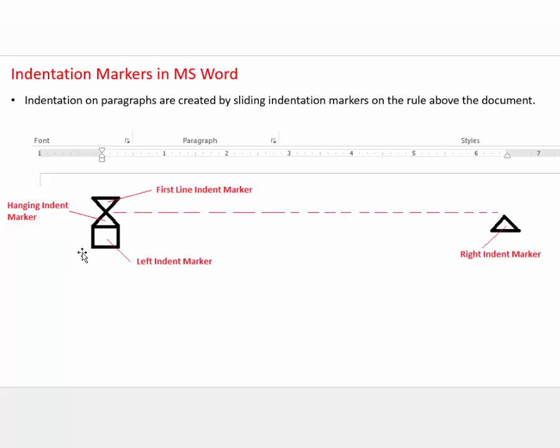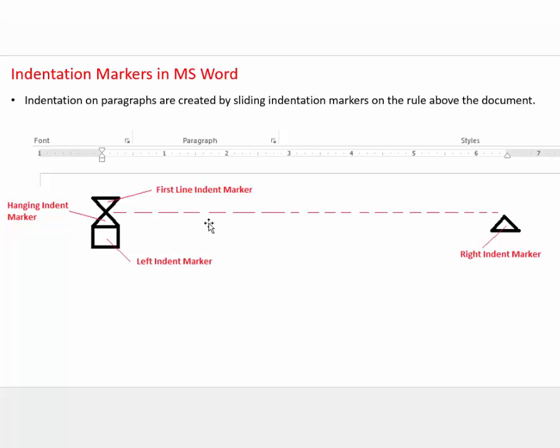Then this big box at the bottom, it is for the left indent marker. These are handles which, when you select your paragraph and you move them, they help you create indentation. Then we also have here on the right, what we call the right indent marker. When we move it towards the left, it will be creating a right indent.